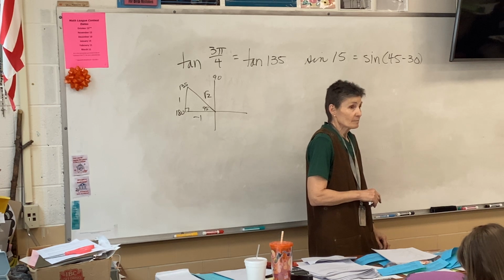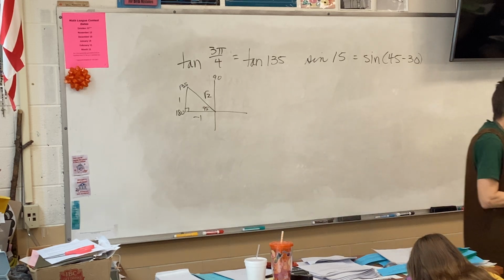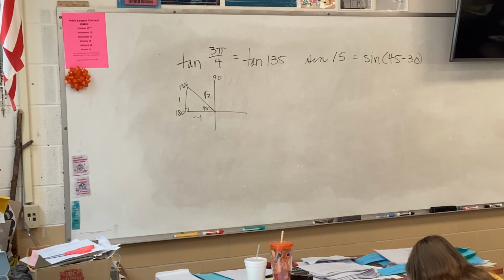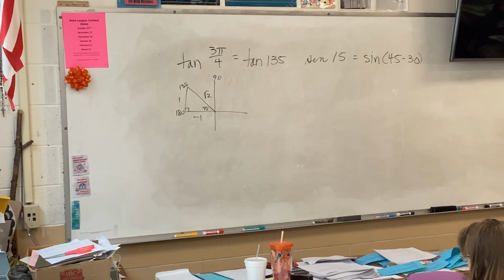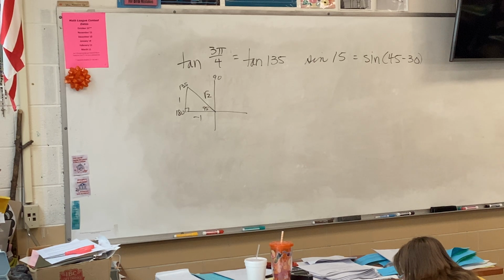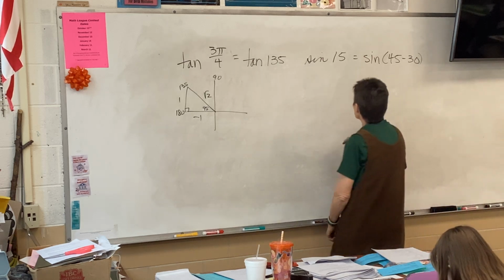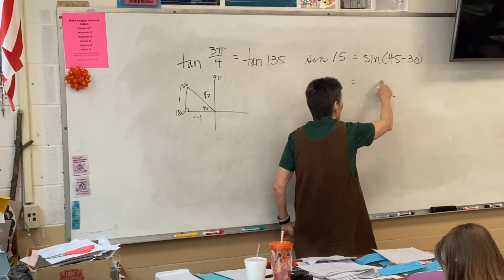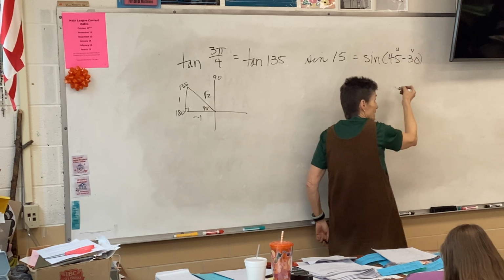All right? On your reference sheet, you will see a formula that tells you how to deal with the sine of an angle minus an angle. It's right here. It's u minus v. What does that formula say? If you want to take the sine of an angle minus an angle, this is your u, this is your v.